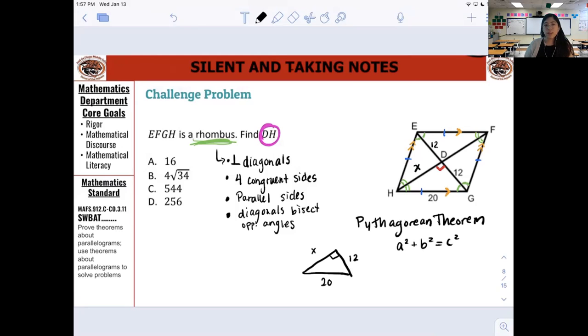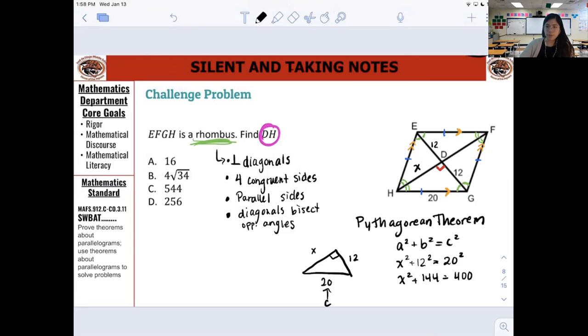HG, yeah. Here's the hypotenuse. So this is C, and then the other two can be A and B. So this would be x squared plus 12 squared equals 20 squared. Let's do our math. 12 squared is 144. 20 squared is 400.